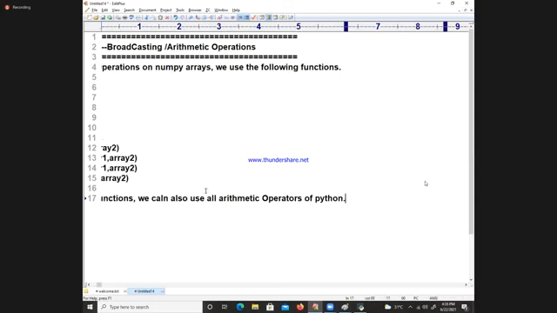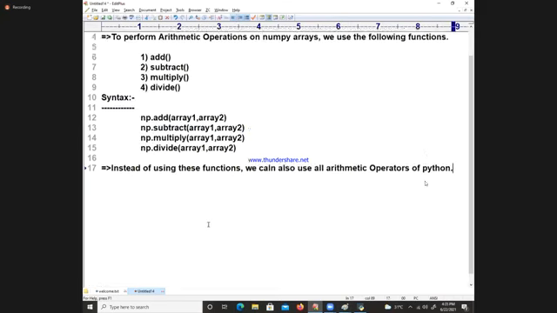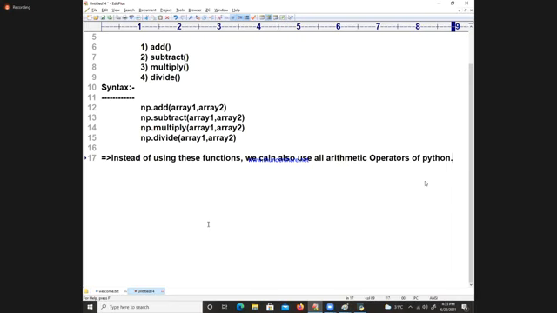We know what the arithmetic operators are, and all of them we can use.